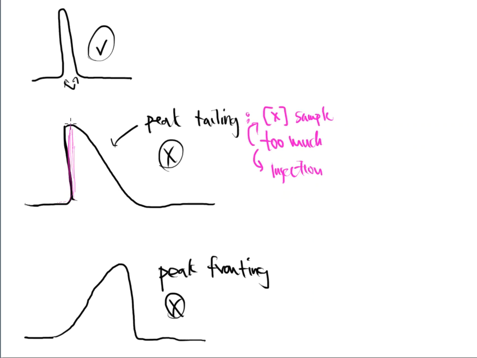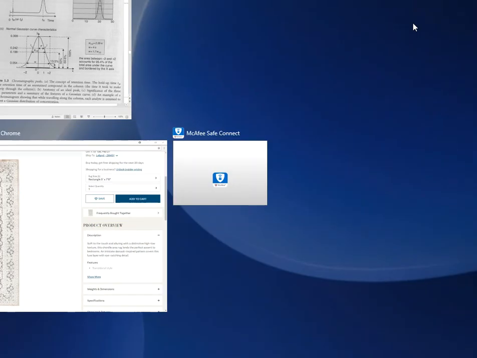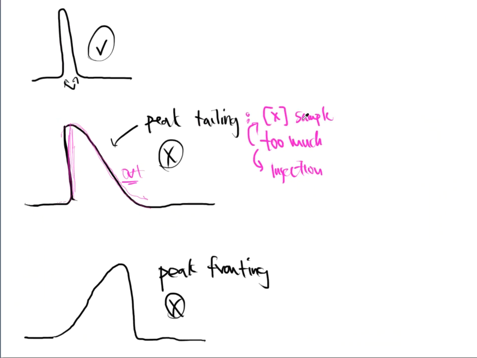The problem is that it's taking forever for it all to come out of there. And because it's taking forever for it to come out of the column, that means I've put too much into the column. And if I limit and restrict that amount, then this can become more Gaussian shaped, which is what I want. So all of those problems typically are coming from too much sample, too concentrated.